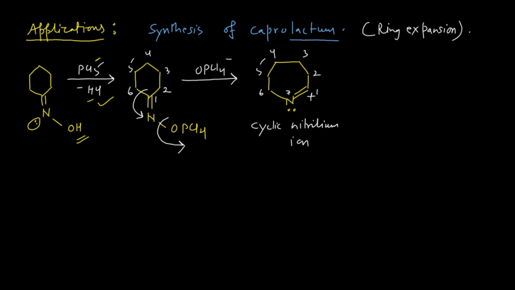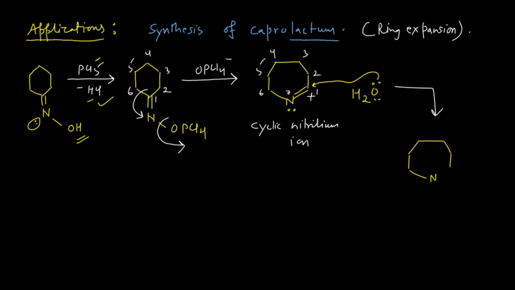Very important. Now the remaining part is quite simple. You will use a water molecule, that is H2O. This will attack onto this carbon number 1, and then you will have your next species, again a 7-membered ring, like that only.